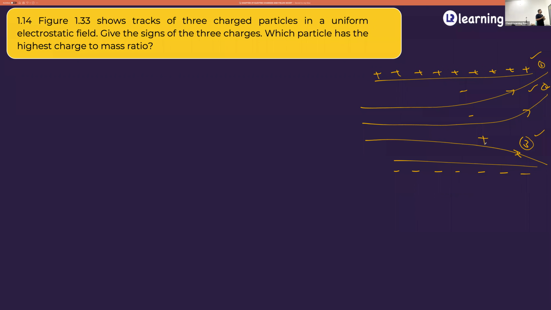Right? Which particle has the highest charge to mass ratio? So the answer to the second part is Q by M ratio is highest for the charge which experiences maximum deviation.